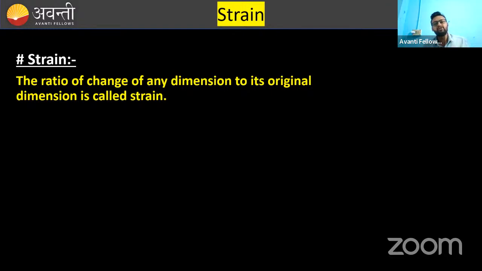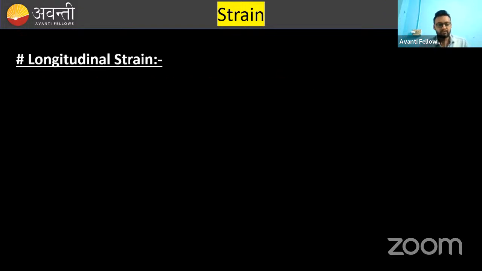So what is strain? Change in any dimension to its original dimension. If the length of the body is changing, then how will we decide the strain? The change in length to the original length. This is strain. Nothing special in it. So what is longitudinal strain? Suppose this is a rod.